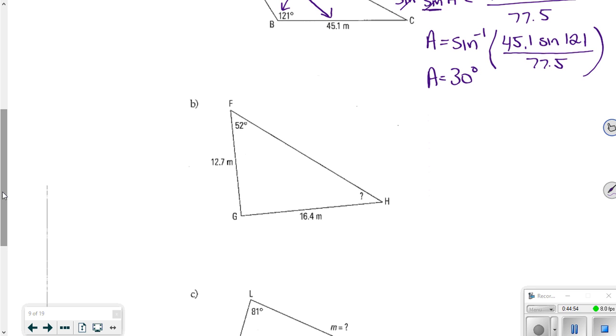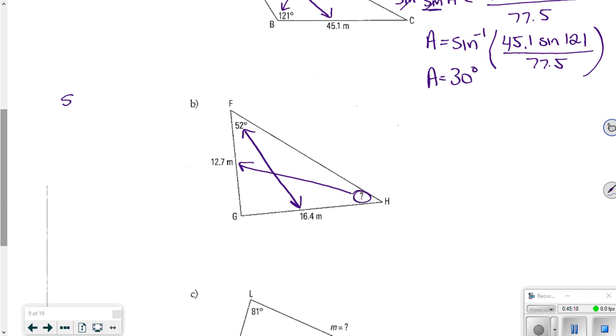Same thing here. In this case, it wants the angle. That's where our question mark is. In order to use the sine law, we have to know the side directly across from that angle, which we do, and we have to have a pair where we know both pieces, which we've got. So we can use our sine law to solve for this angle. We're going to write it with the angles on top.